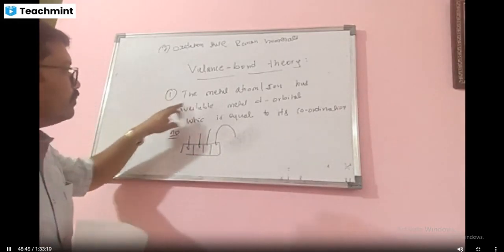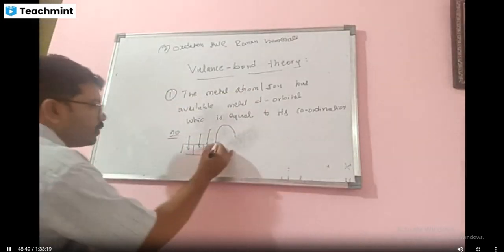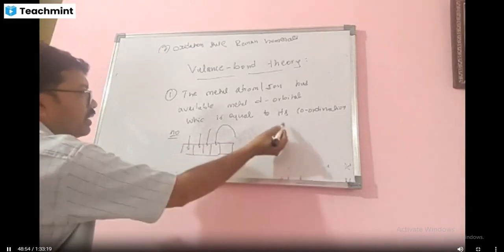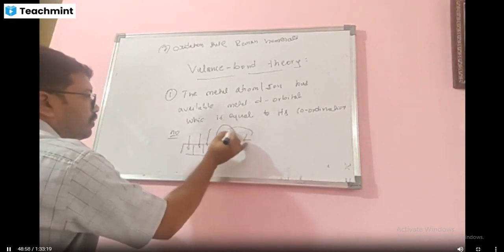The metal has 5 d orbitals available for coordination, for the ligand to donate.